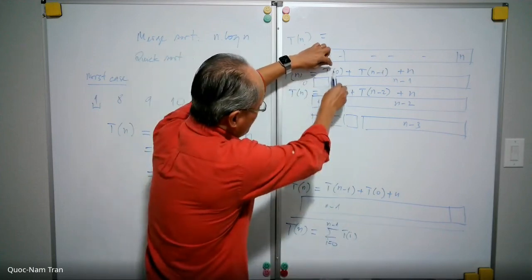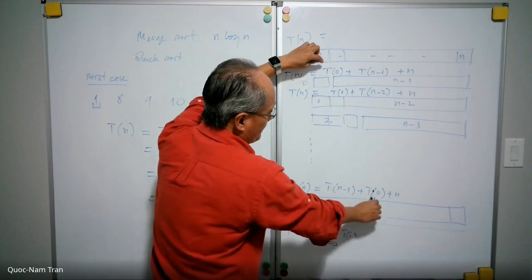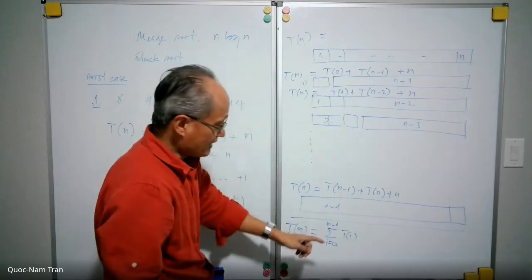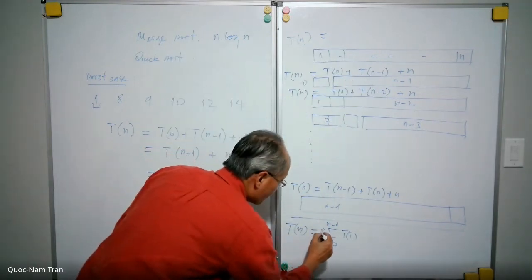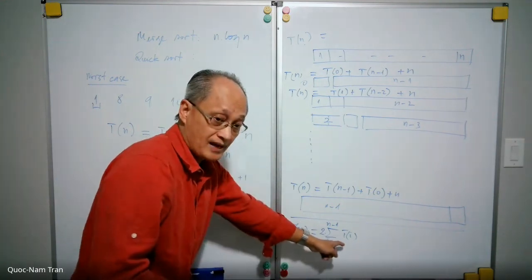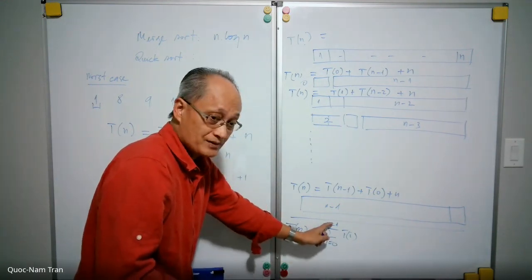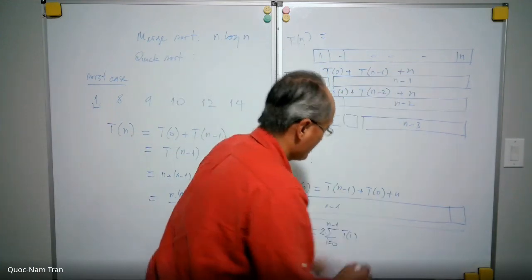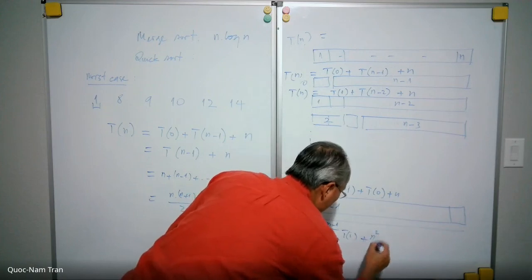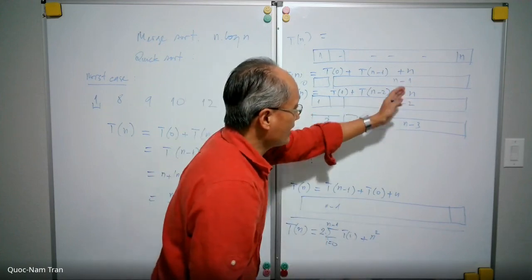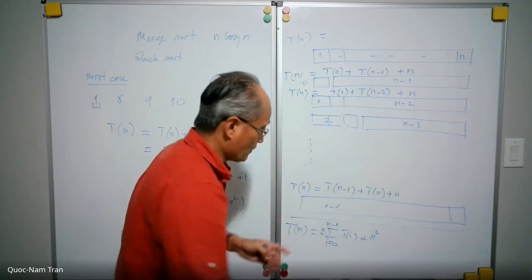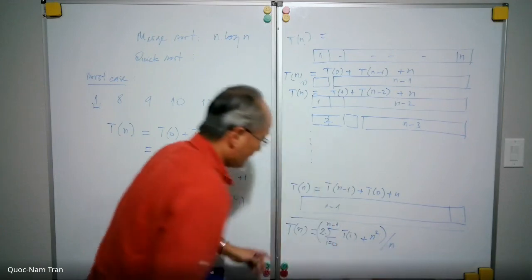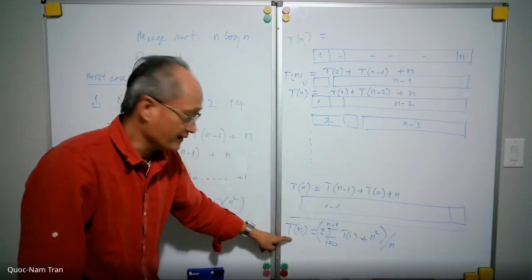Here I go from T0 to Tn minus 1. This one, I can add them in the reverse direction, right? So that sum is 2 times the sum of Ti for i from 0 to n minus 1, right? And then here I have n squared, okay? N plus n plus n, n times is n squared. If I divide this one by n, that is the average case, right?